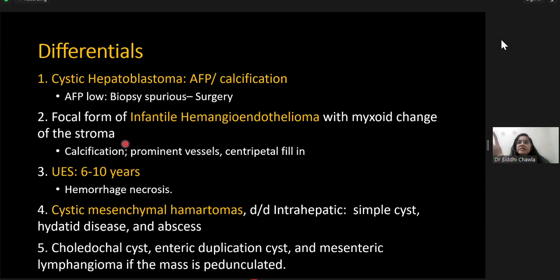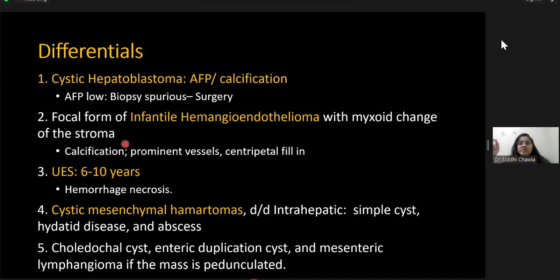The myxoid content is not fluid density on ultrasound. It is hyperechoic or hypoechoic and has a solid appearance. So where you have a solid appearing lesion on ultrasound with no vascularity because it is a myxoid area, and you have a hypodense cystic area on CT, you know that you are dealing with some myxoid component and it is not fluid.